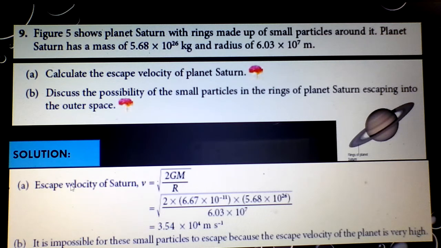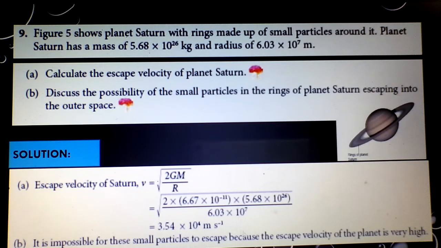Remember, if we calculate for Earth, then M is the mass of Earth, r is the radius of Earth. Here we calculate for Saturn, so M must be the mass of Saturn and r must be the radius of Saturn. You substitute all the values and you get 3.54 times 10 to the power 4 meter second negative 1.